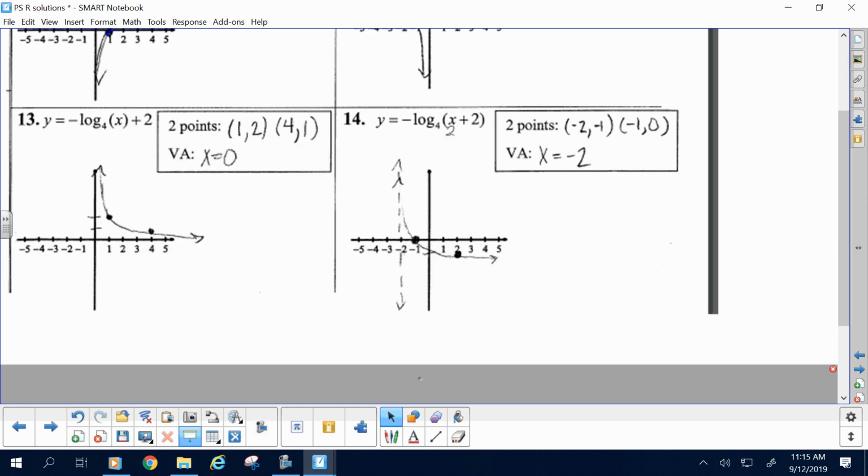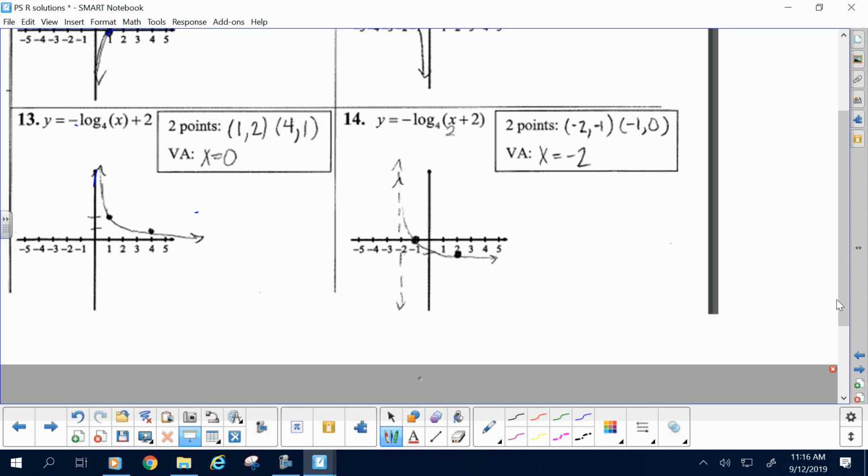Boom, negative log base 4 of x plus 2. This negative, instead of being like this, will cause it to reflect this way, then shift it up to, so that's where we're coming from here in the black. Your critical points, the graph looks like that, and your essential points are 1, 2, 4, 1, and x equals 0.